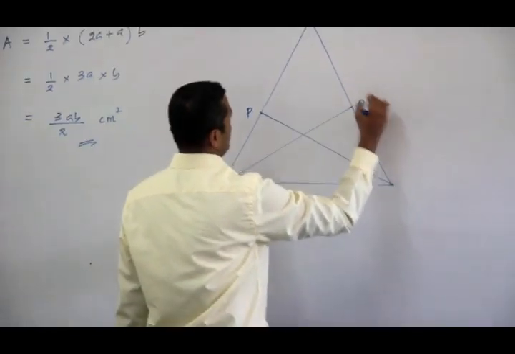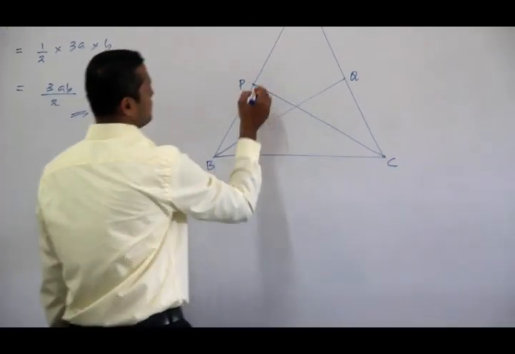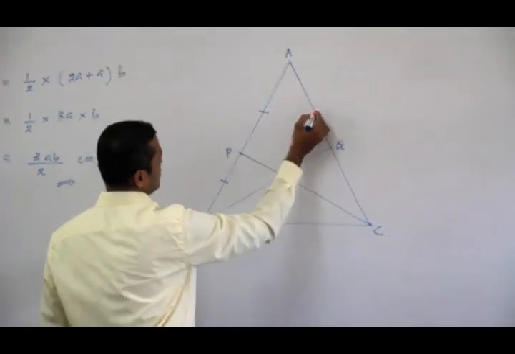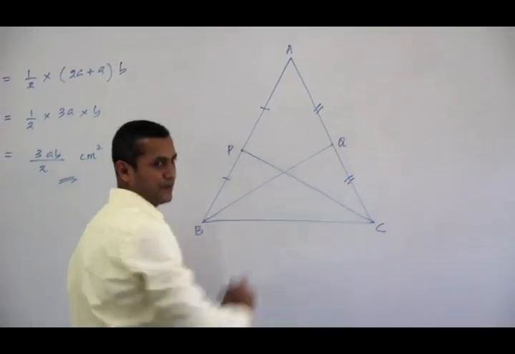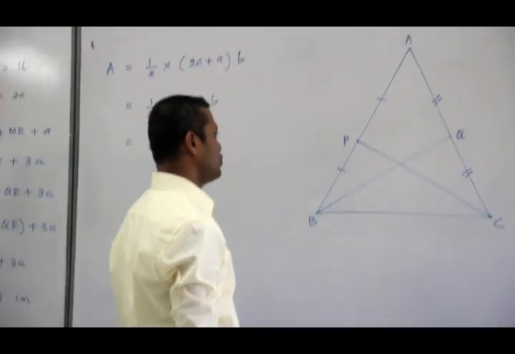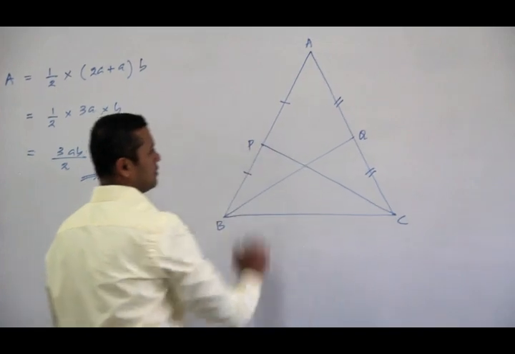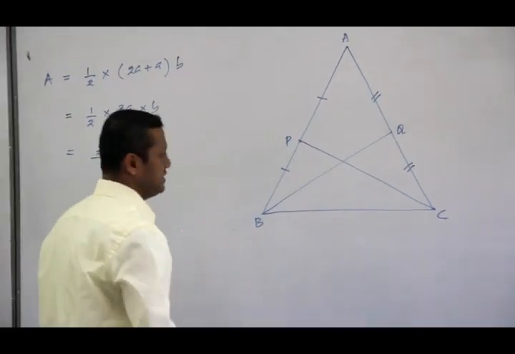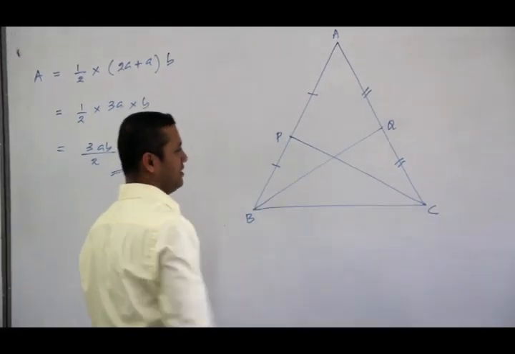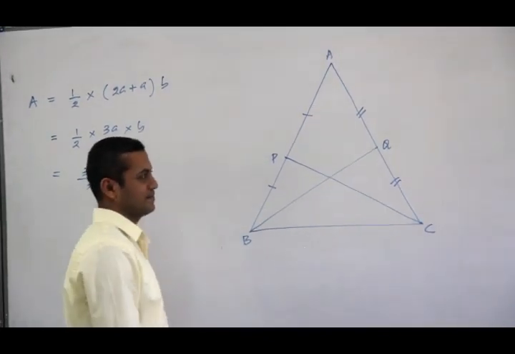ABC is a triangle. P and Q are the midpoints. So this is equal to this and this is equal to this. We need to show that the area of this triangle, PBC, and the area of the other triangle, PQC, are equal.